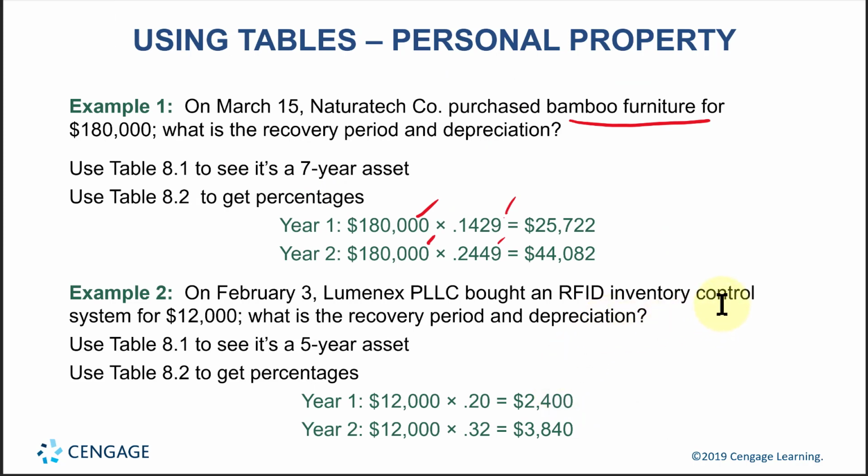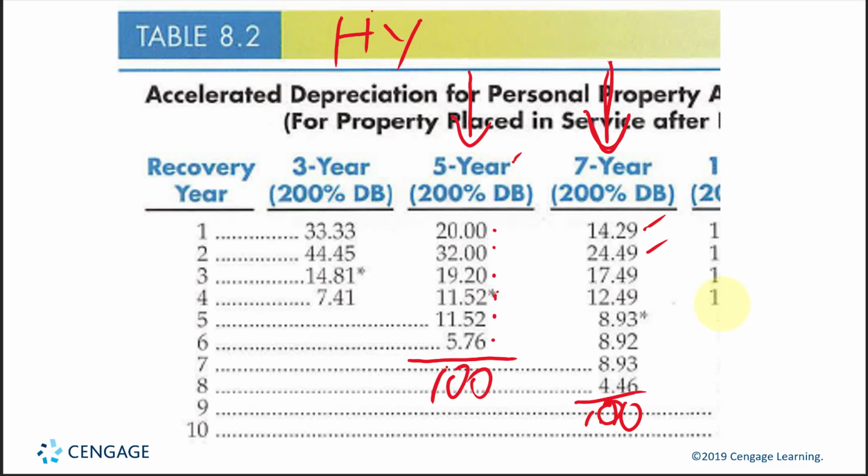In this second example too, we have office equipment that costs 12,000. So again, we take the cost, same cost, use every year, and this would be 5-year property. So again, we look at the 5-year column. Here's the percentage for the first year, percentage for the second year, and so forth.